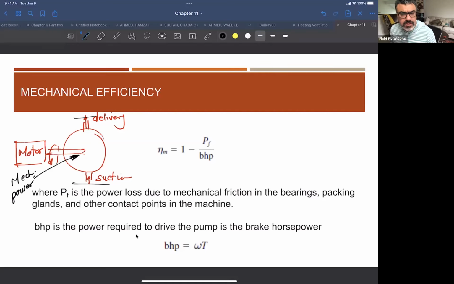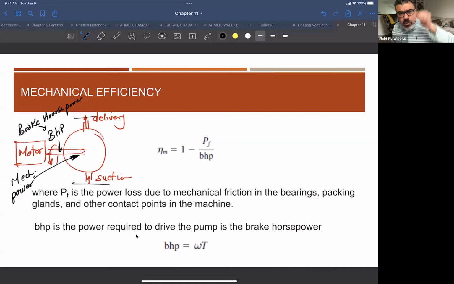So the mechanical efficiency is the same thing. What you are adding, we call brake horsepower. The term brake here refers to the shaft itself, the shaft that is rotating. It is the power added to the shaft in order to rotate the mechanical components inside this pump.